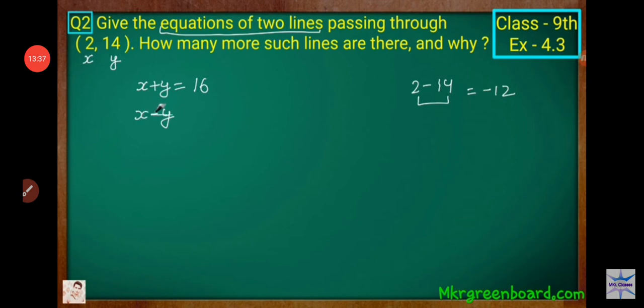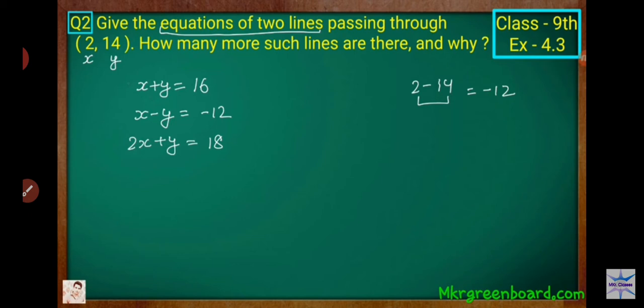See the question. Give the equation of two lines passing through (2, 14). How many more such lines are there and why? See, you have to make an equation. So the equation is in the form of x plus y is equal to 16, x minus y is equal to minus 12. If you take 2x plus y is equal to 18, then the equation will be satisfied.